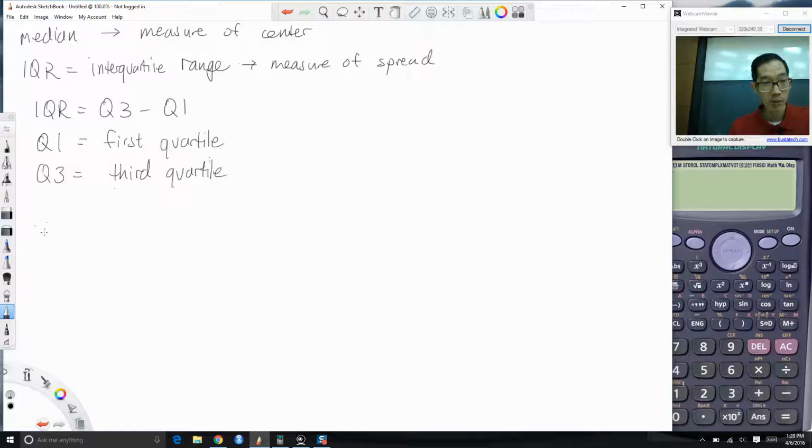I'm also going to throw the median down here because I think it makes sense to talk about this stuff. We can think of the median as the 50th percentile. What the 50th percentile means is that 50% of the data have values smaller than the median.